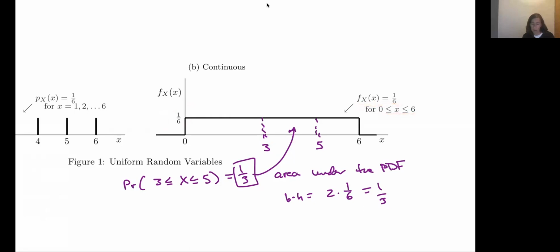If I wanted to write out the PDF as a function, I would say that the function is equal to the constant value 1/6 on this interval between 0 and 6. And if I was going to be careful about it, I'd write the whole thing: the PDF is 1/6 for x between 0 and 6, and 0 everywhere else.